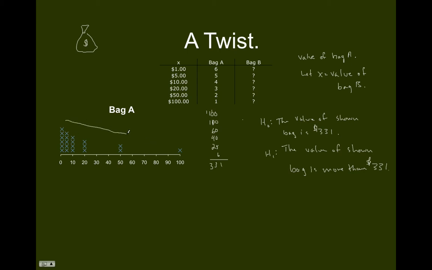Now, here's a graph that shows what's in bag A, right? And we know this distribution, and we know that the frequency of the higher value bills is on the decline in this distribution. So one way I could speculate here, and this is the situation we're often in statistics, is to speculate about the bag and say, okay, I don't know exactly how many bills there are of each denomination.